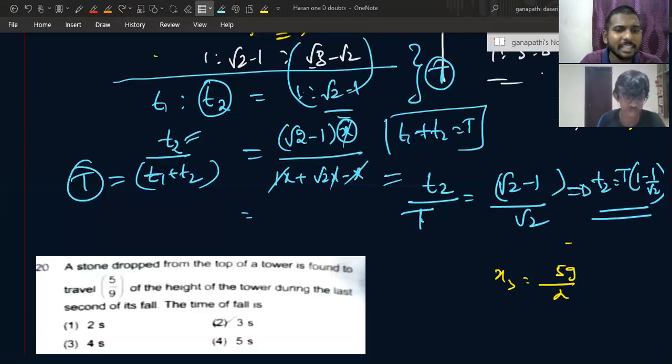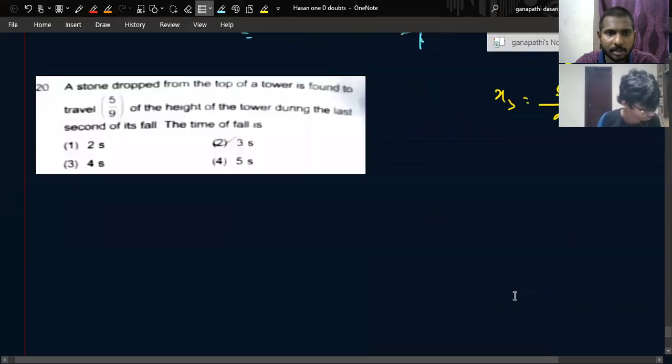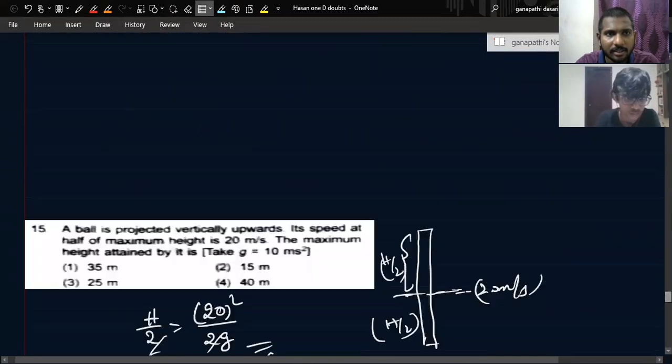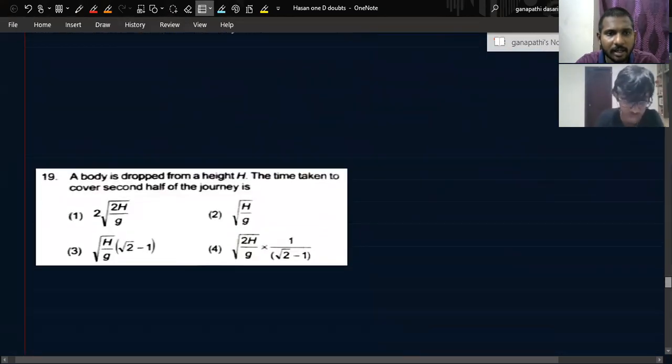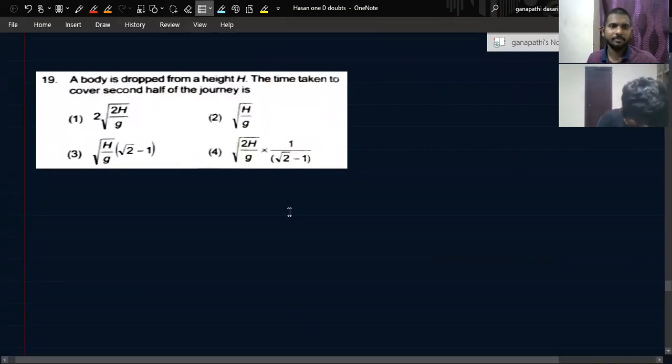See, 19th question. We'll solve it here quickly. Slowly I'll start giving you a number of similar model questions for home. 19th question, you solve this. I am displaying it on the screen. Same concept, I think.